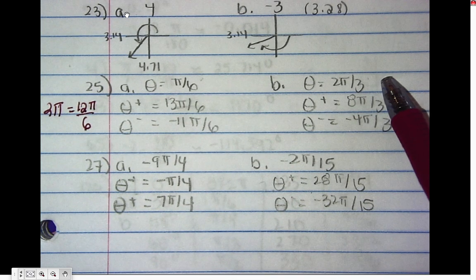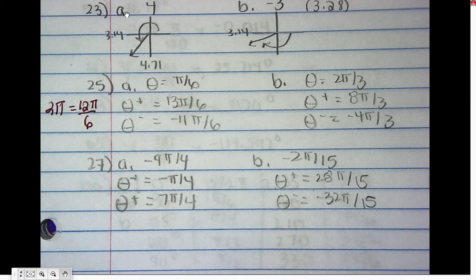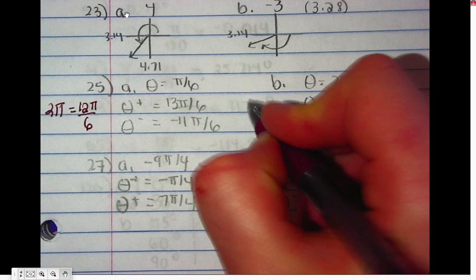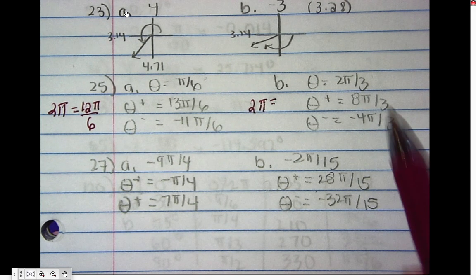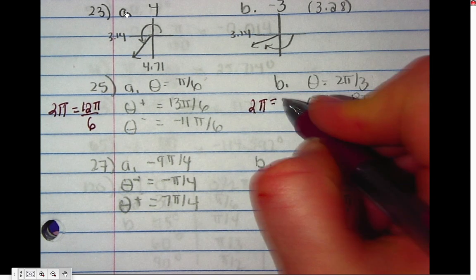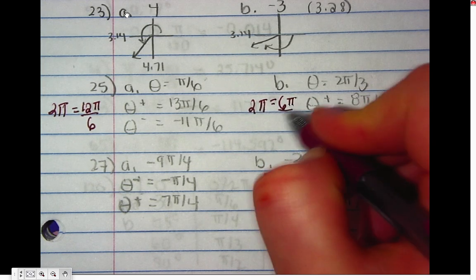For B, we're given 2 pi over 3. I can add and subtract 2 pi to help find positive and negative coterminal angles. Well, I have thirds as my denominator. 2 pi is the same thing as 6 pi over 3.